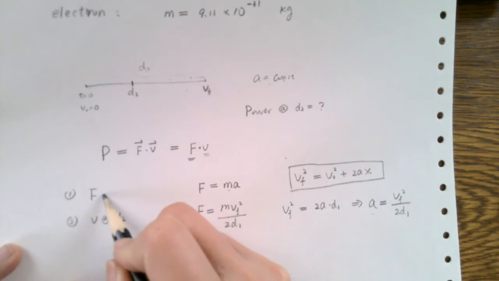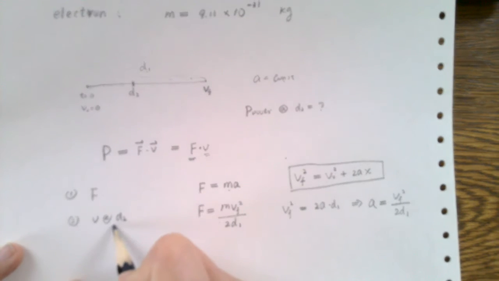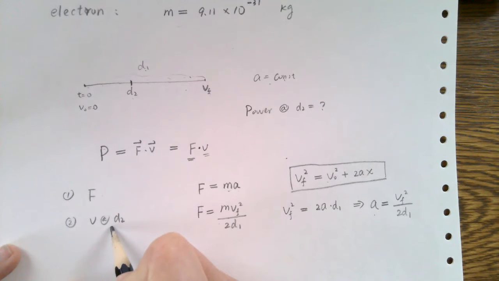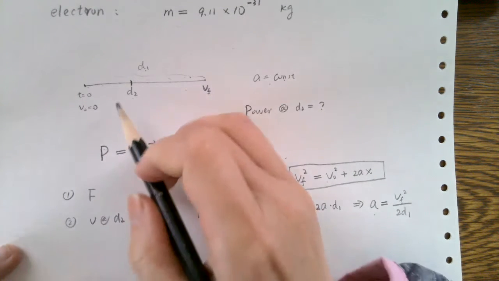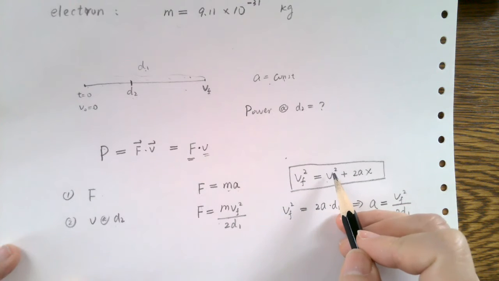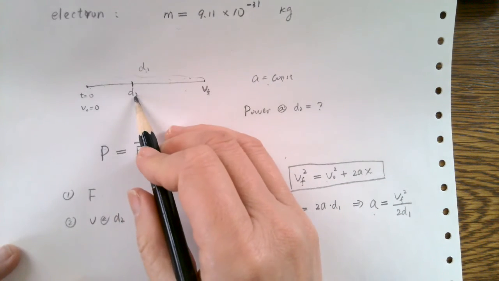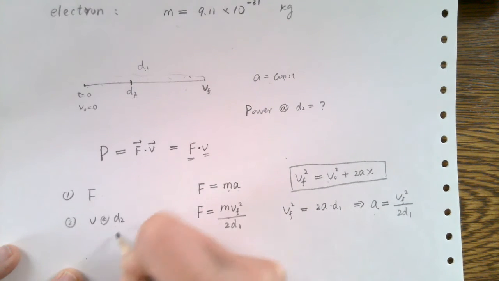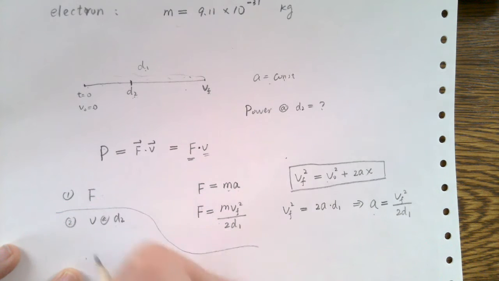Okay, so we got the first one, we know F. Now we want to know what is the speed or velocity at the distance d2. Similarly, we use the same formula because we don't know the velocity v2, and we assume that is v. So v squared equals what?